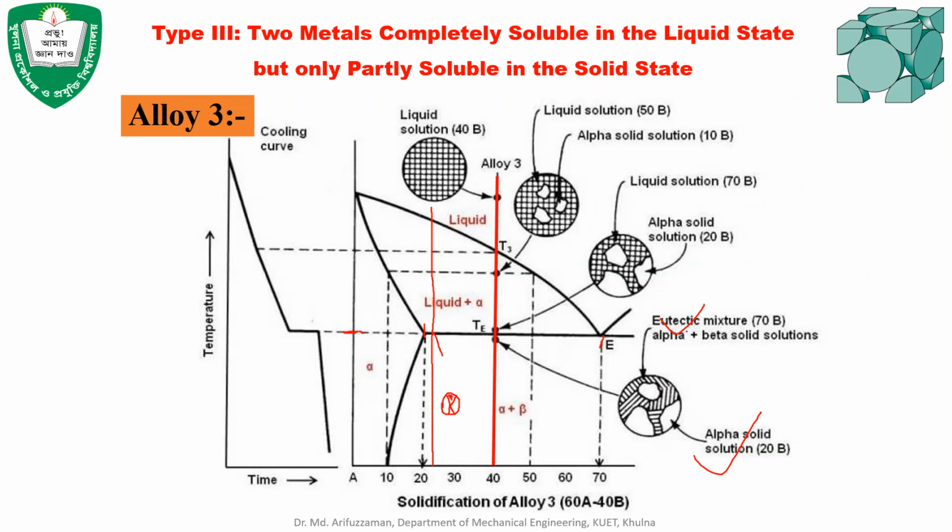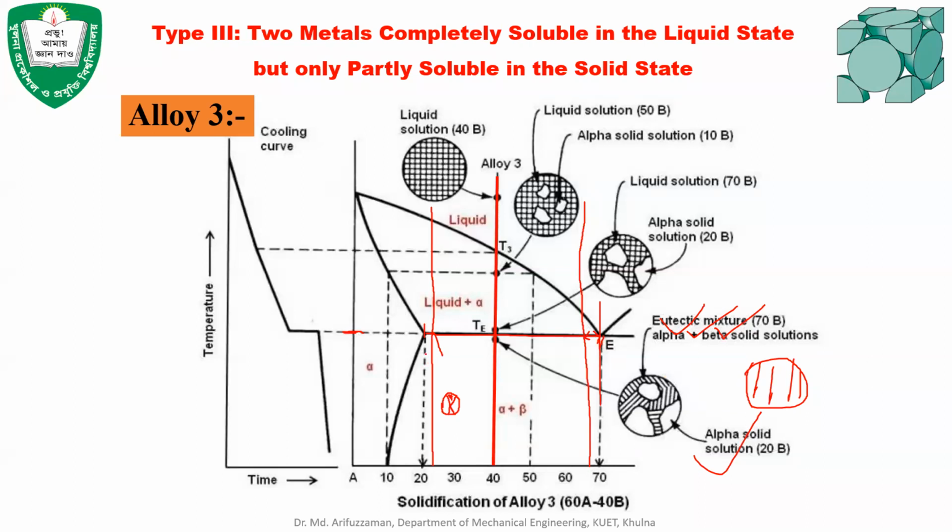So here we'll see a microstructure with mostly grains of alpha and a very small amount of grains of eutectic mixture. But if we consider an alloy in this region, that will have a very small amount of solid, that means a very small amount of alpha solid solution and a large amount of eutectic mixture, and at the eutectic temperature, the microstructure will have 100% eutectic mixture.